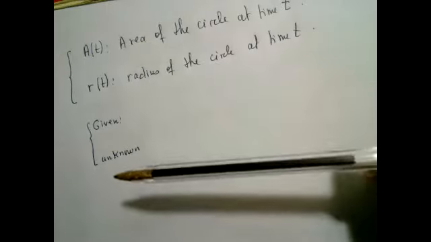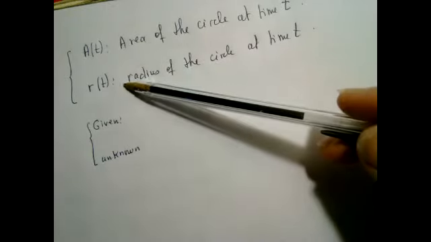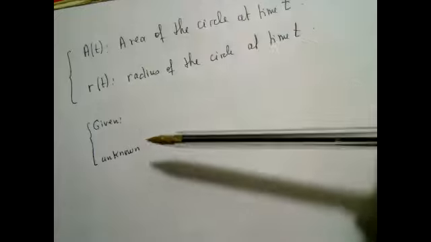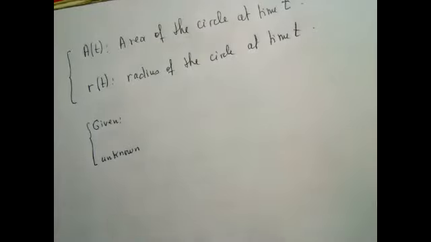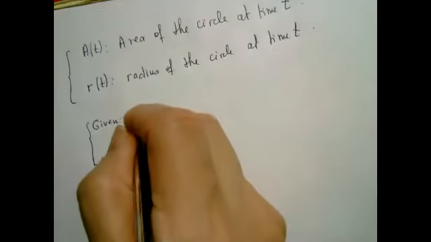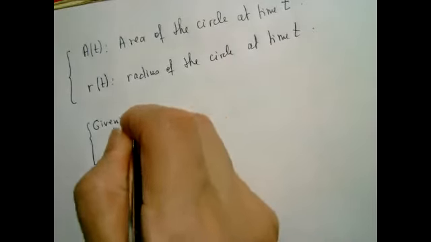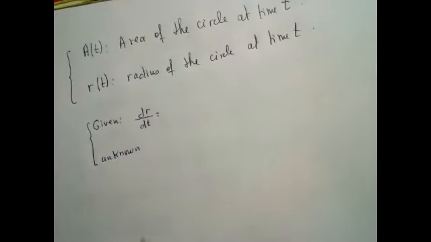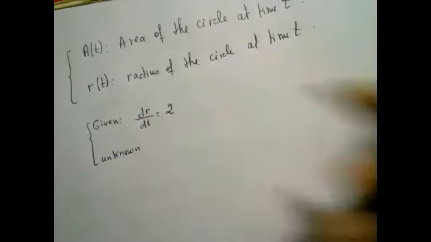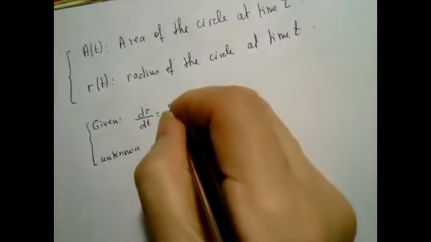How fast means the derivative. You know the derivative of one, you need to find the derivative of the other, and both of them change with time. That's my variable here, time. Now, what's given to us is that the radius is changing at a constant rate of 2 meters per second.